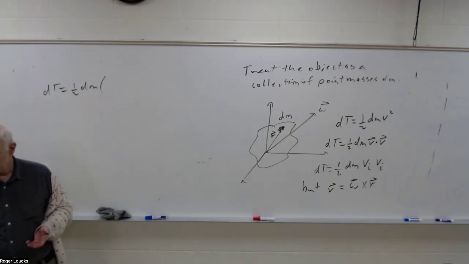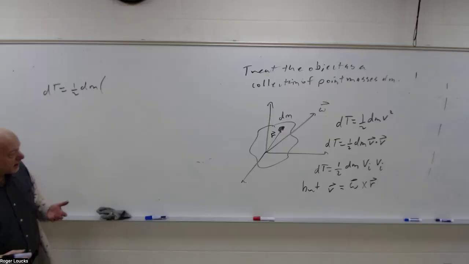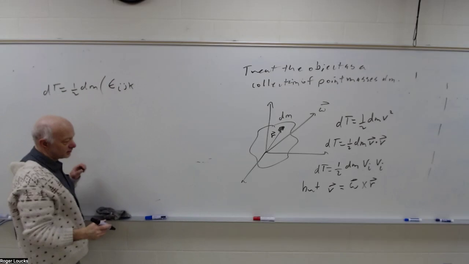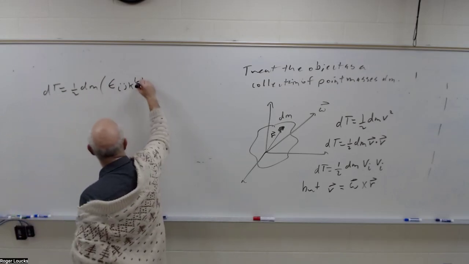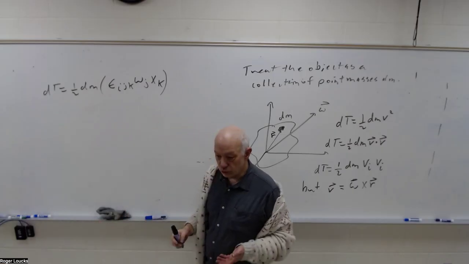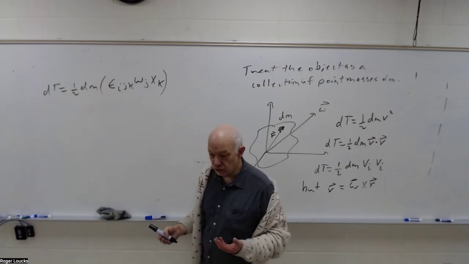V_i is epsilon_ijk omega_j x_k. X_k is really r_k, but for the position vector, you always use x.